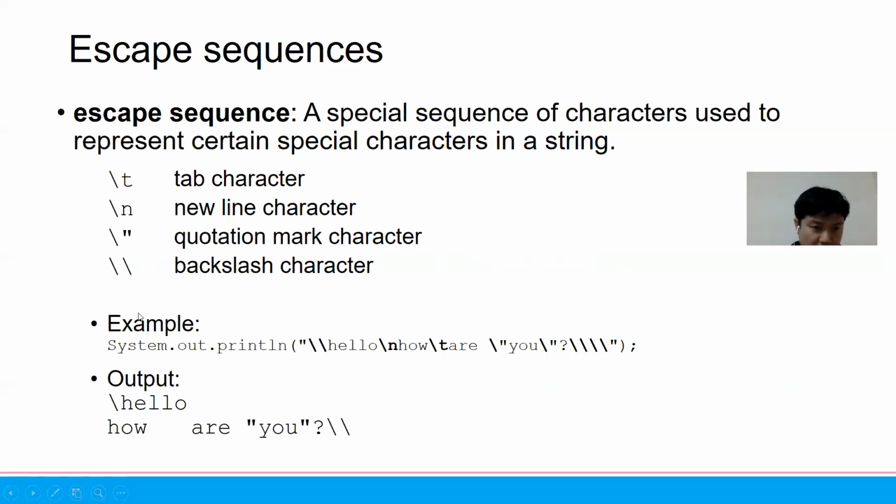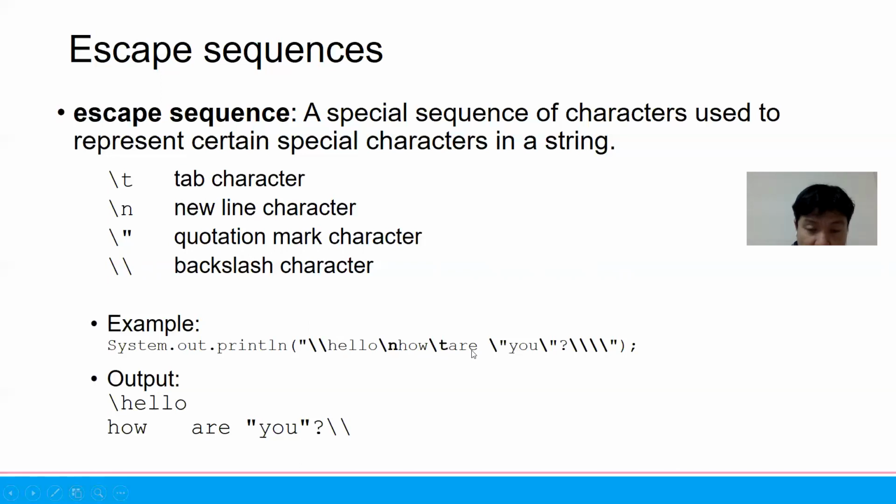Let's see if I have this one. System.out.println, blah, blah, blah. What is the result? You see the backslash, so that is the backslash character. Then it means hello. And then we have backslash n. What is backslash n? It is a new line. And then backslash t, we have a tab character.